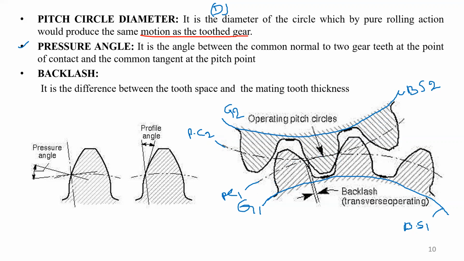The pitch circles of gear 2 and gear 1 contact at a particular point. That point is called the pitch point.